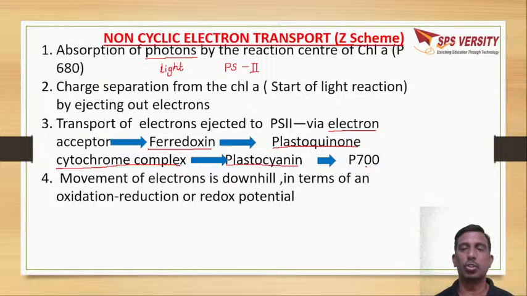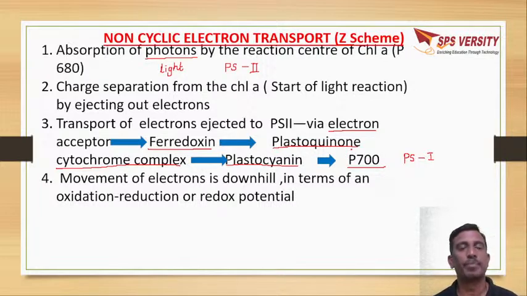And finally they reach P700, that is PS1. So electrons start their journey from PS2 to PS1.